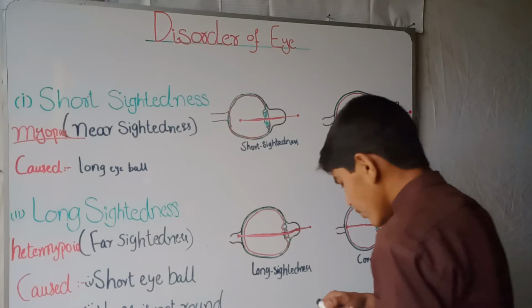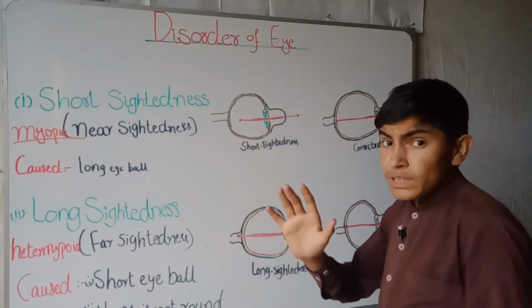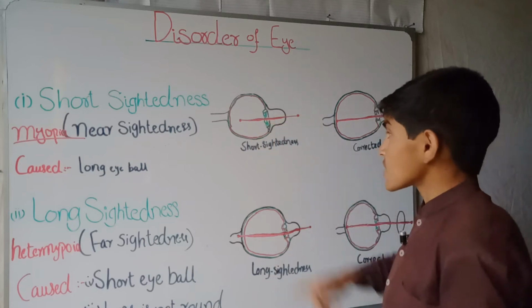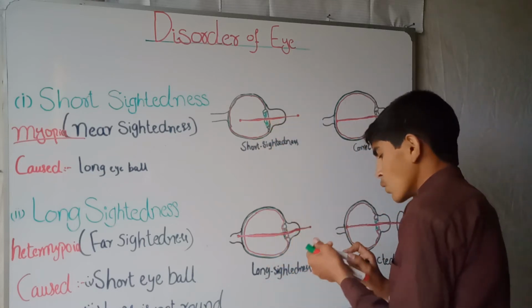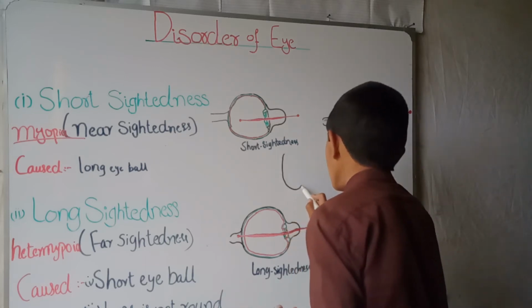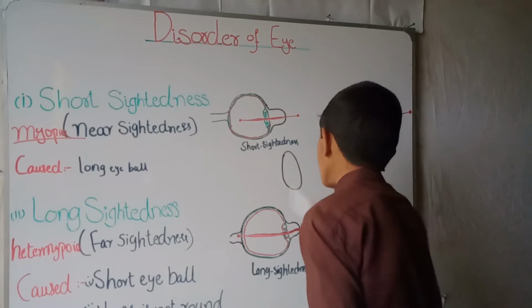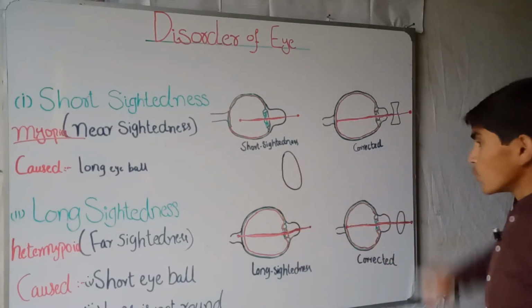But firstly, we will talk about the lens. What are the characteristics of this lens? This lens is a convex lens. If we talk about the lens structure, the lens is like this. This is a convex lens and this is a concave lens.